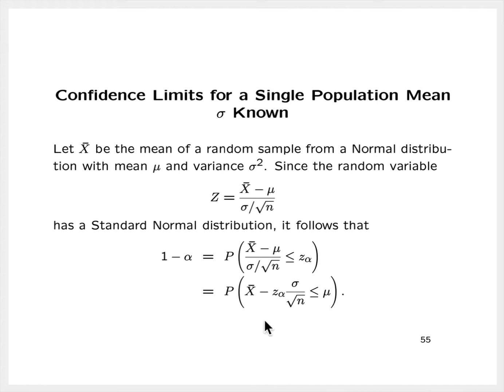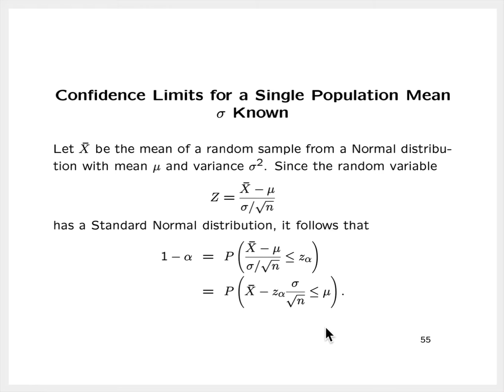When we look at this difference, the only part that is random is x bar, but once we calculate it, the entire quantity becomes random, even though these other parts are constants. So we can think of this as the probability that the population mean is greater than or equal to this random quantity, and the probability of that being 1 minus alpha.